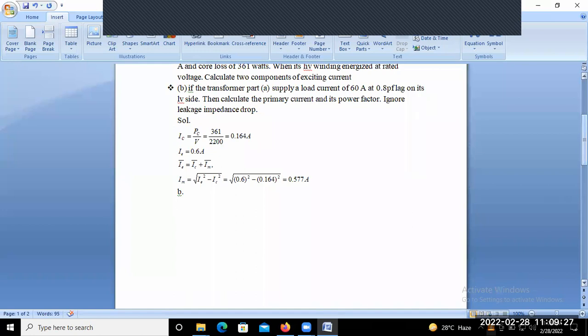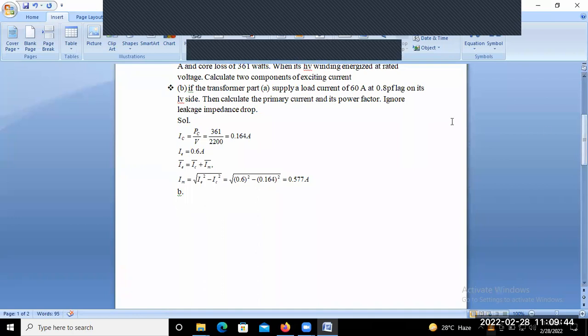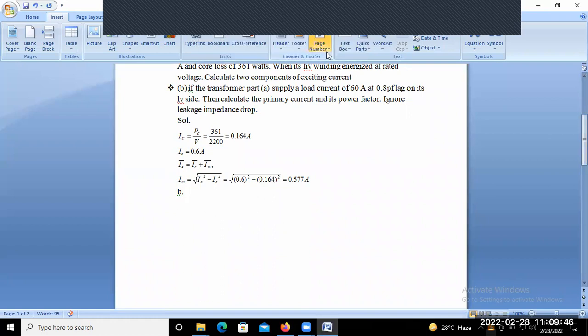So what is the MMF? Number of turns into current. On the secondary side the load current is I2, so the MMF of the secondary side is I2 into N2, that must be neutralized by the primary side.